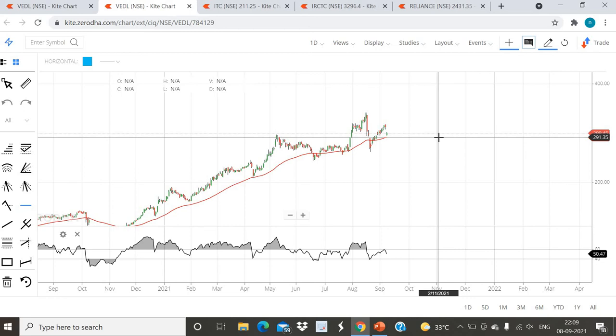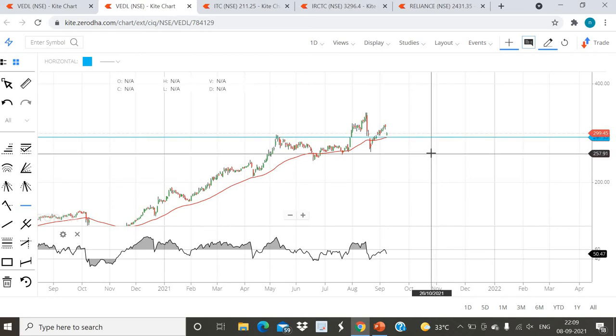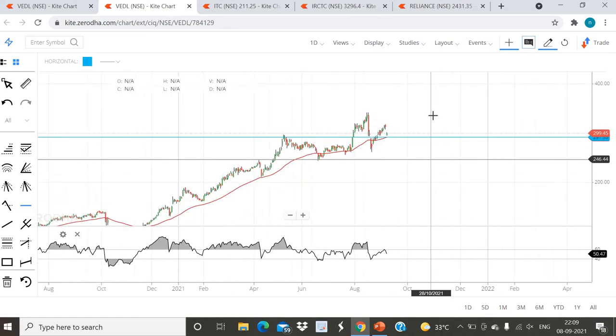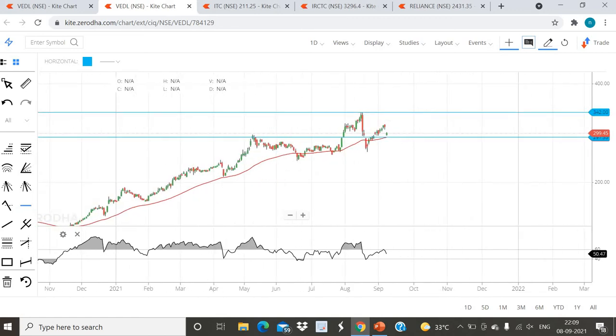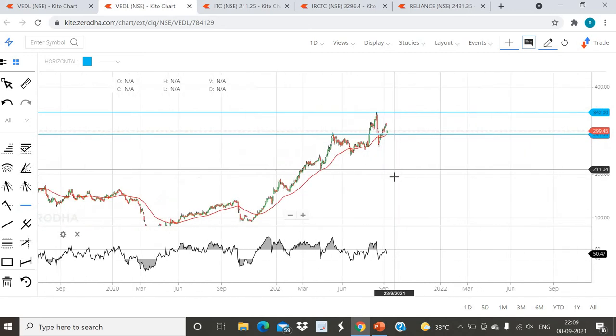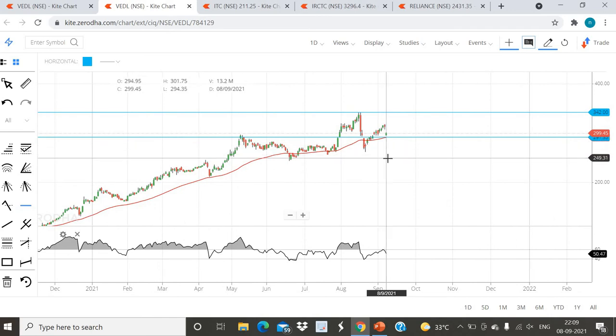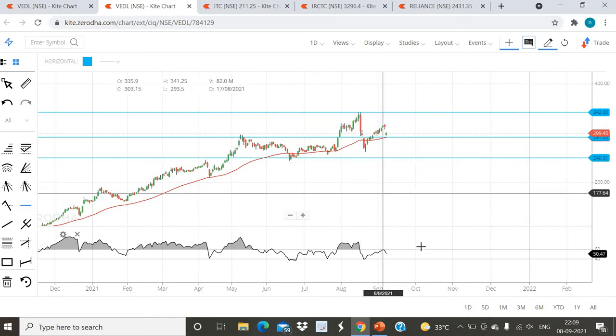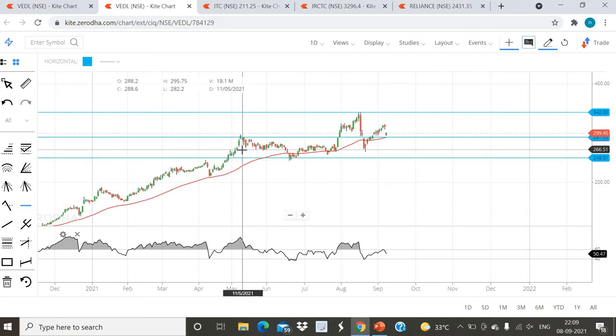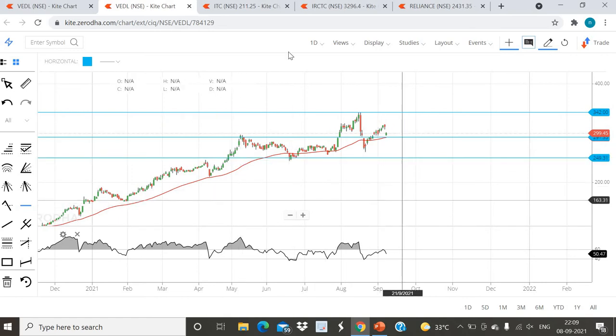Here I could see a level, and this is the high. Let me mark the high, and so these were the levels that I could see on daily time frame.